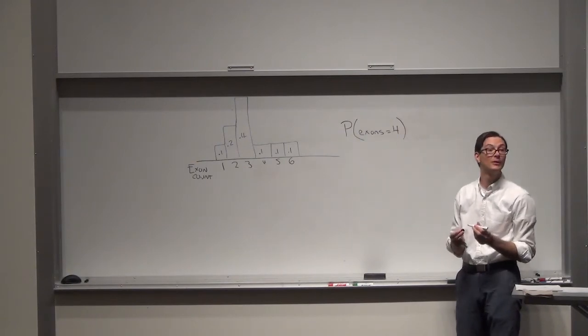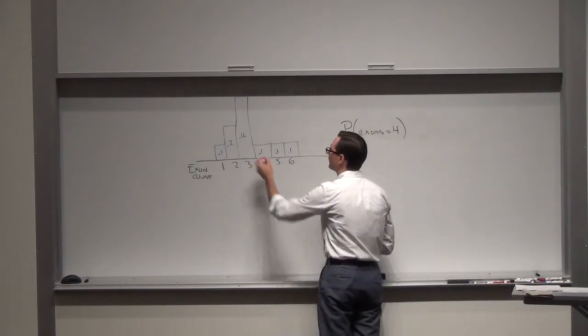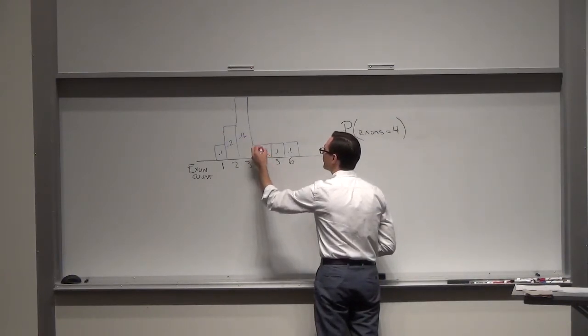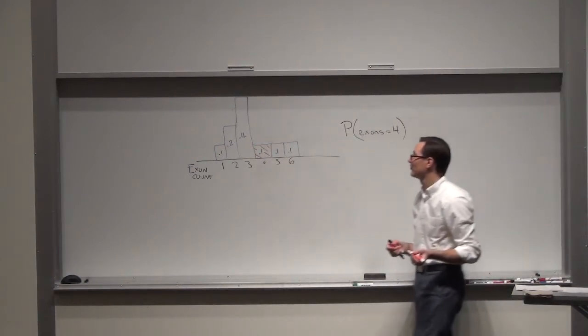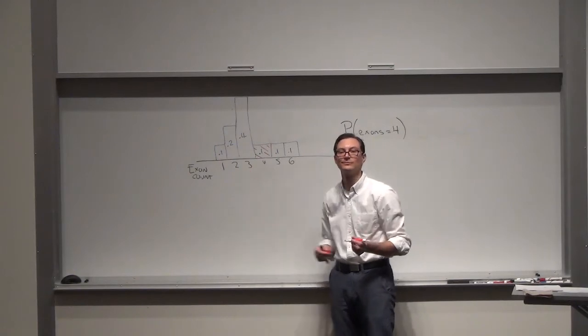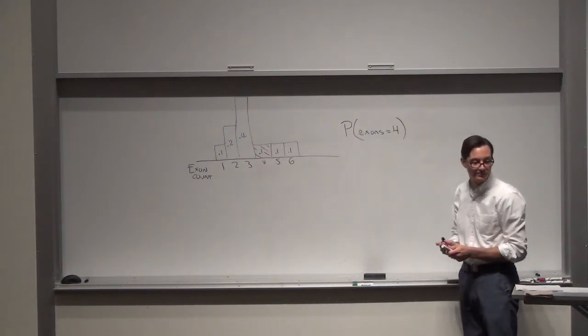What's the probability? 0.1. I mean, okay. You know, this is the event if it's 0.1. Number of exons equals 2. 0.2. Straightforward. And this is how we write that in the notation.